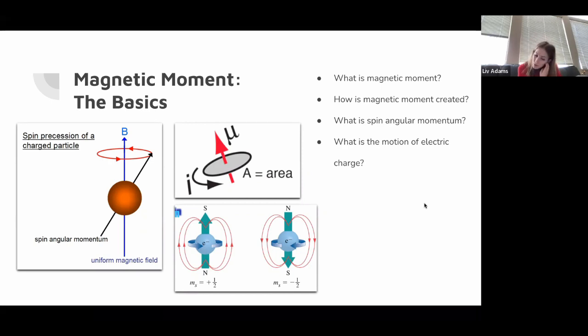The second component, what is motion of electric charge? It is a key concept to magnetic moment and understanding magnetism. And this motion is what helps a particle produce a magnetic field.